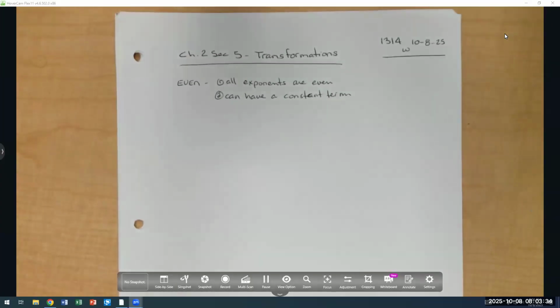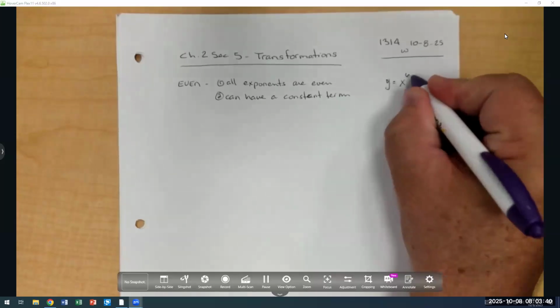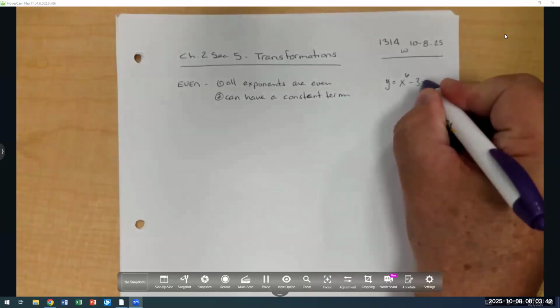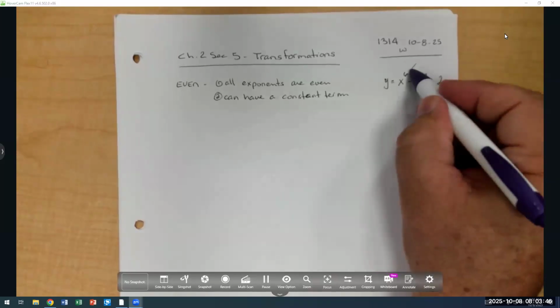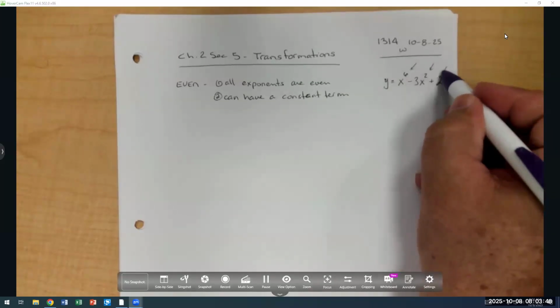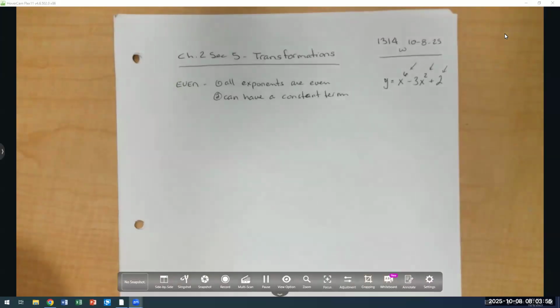In other words, if all of the exponents are even, and you can have a constant term or not, that's an example of an even function.